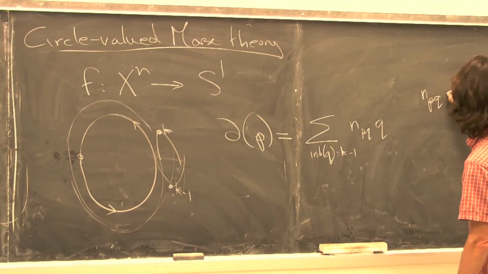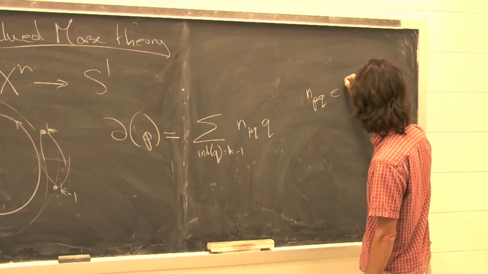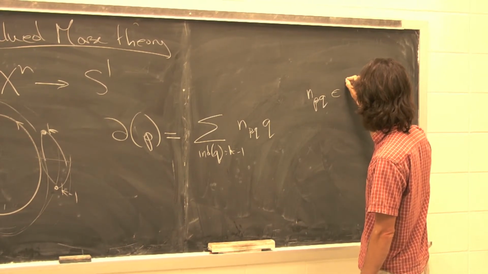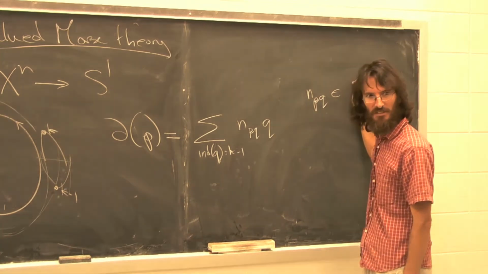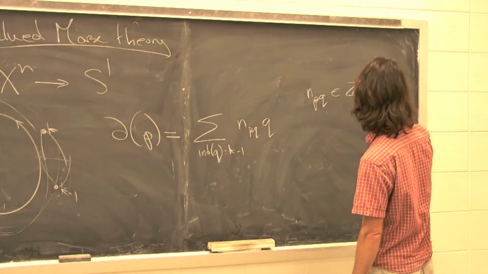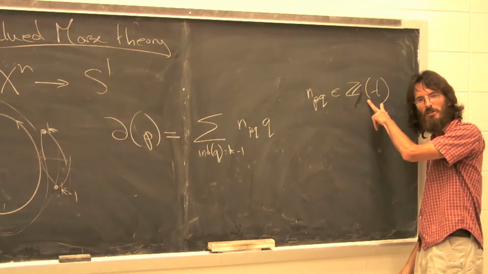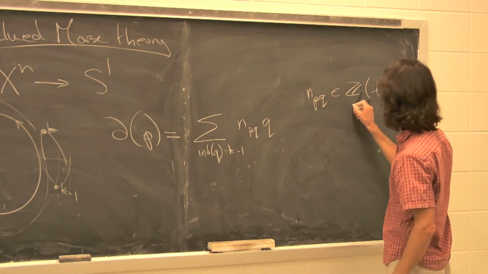n sub pq is going to be a polynomial in t. So we introduce a variable called t, and I need to check for the exact notation, but I'm going to use a bracket. It's not just an arbitrary polynomial, it's still infinite.